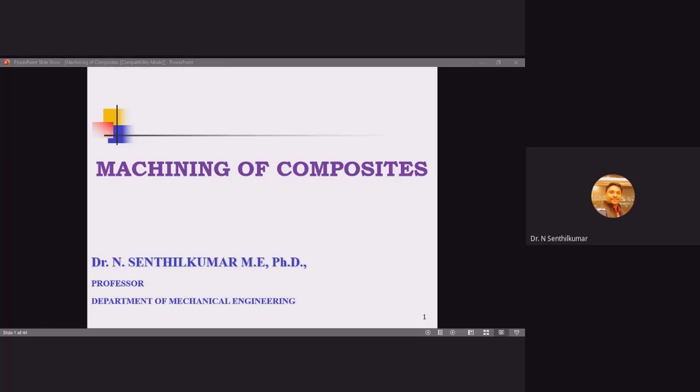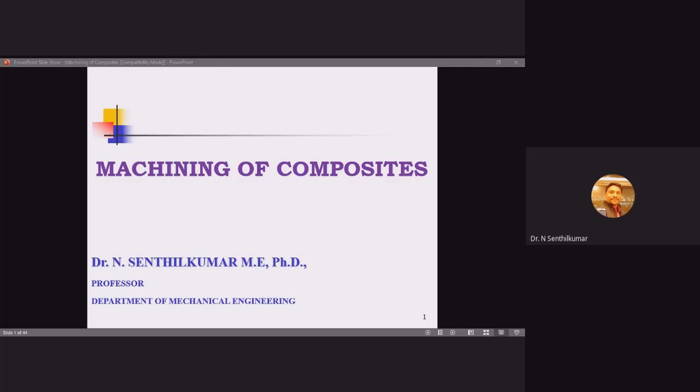For example, iron and carbon are separate. When I add these two, it becomes steel, with the formation of iron carbide. So it becomes an alloy of iron and carbon.